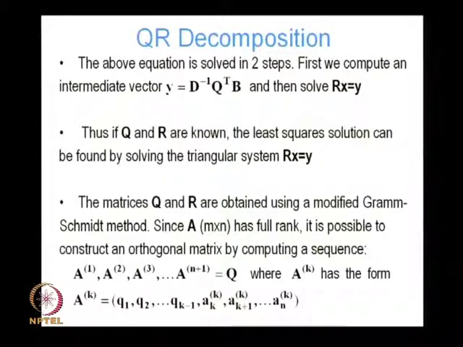So, basically let me try to explain the idea in words first. We start with the initial matrix A and we change one column at a time until we get an orthogonal matrix. To start with, from A we transform A into Q. So, how do we do it? We do one column at a time. First we form the first column of Q. What is the first column of Q?